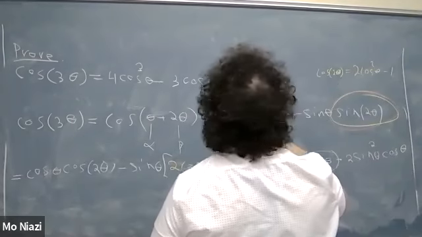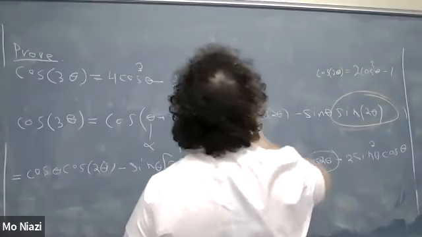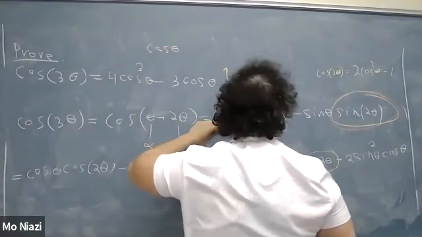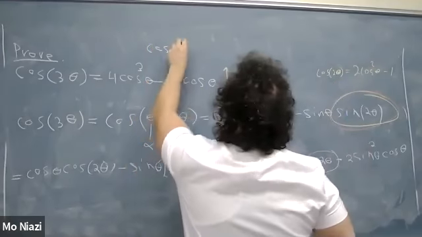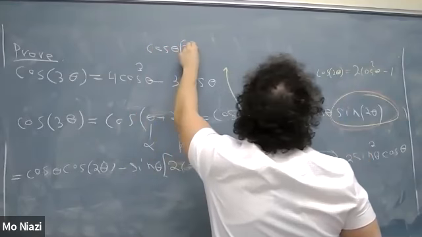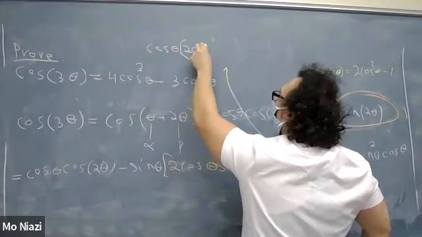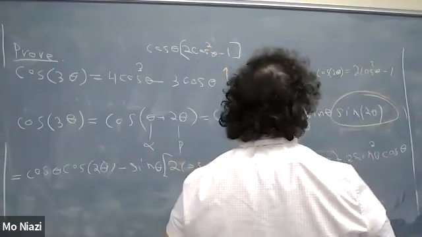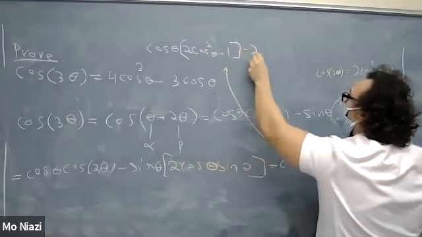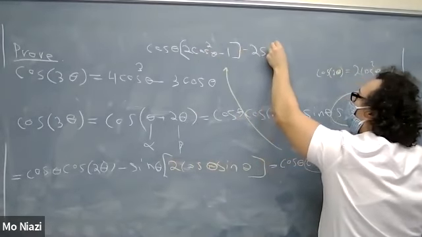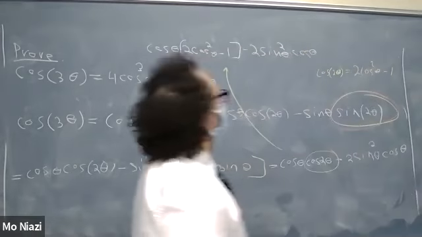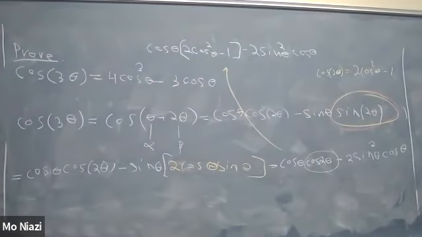Bringing the calculation up here, because I'm running out of room, I get cosine of theta times the quantity 2 cosine squared theta minus 1, minus 2 sine squared theta cosine of theta. Didn't manipulate that at all, just changed this.